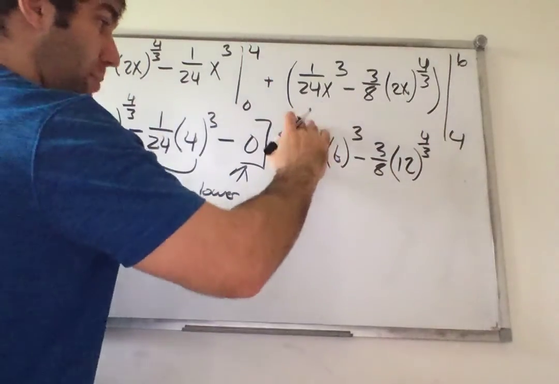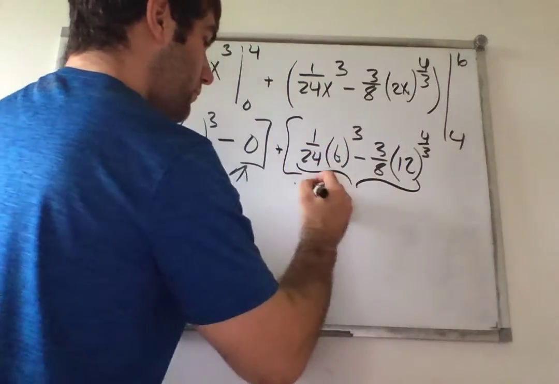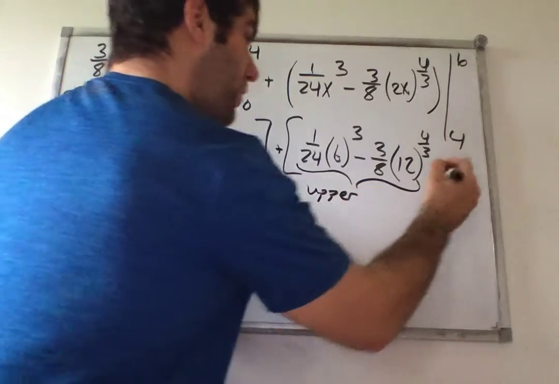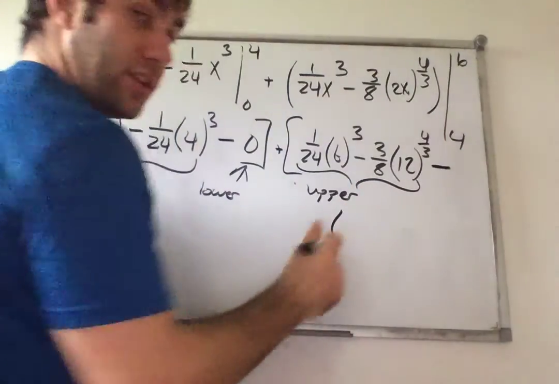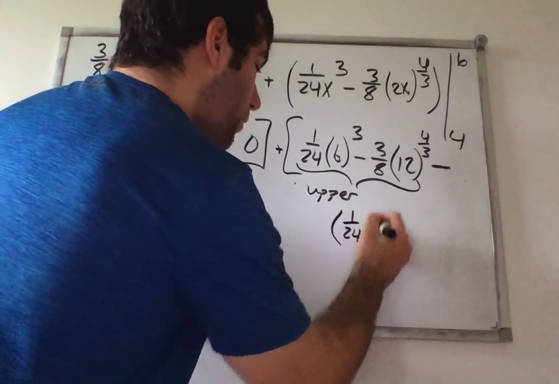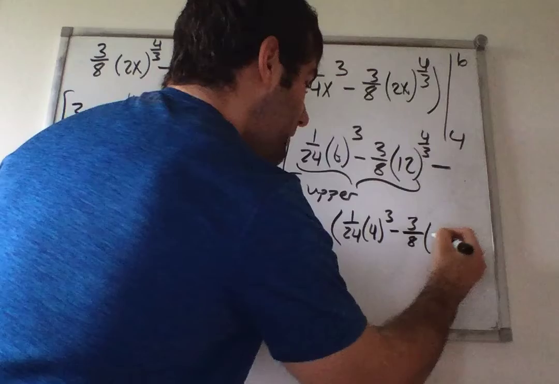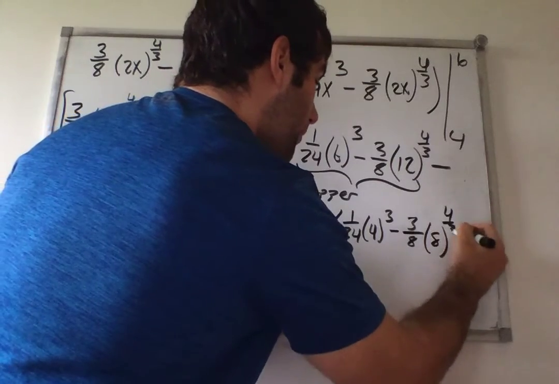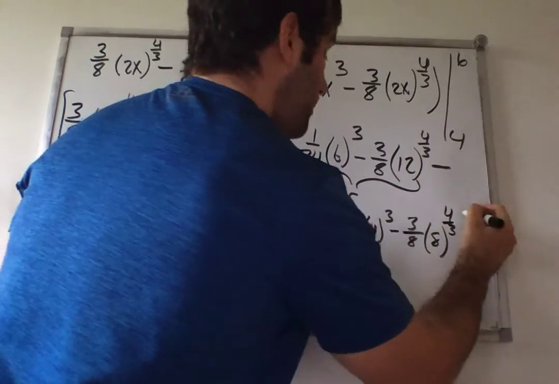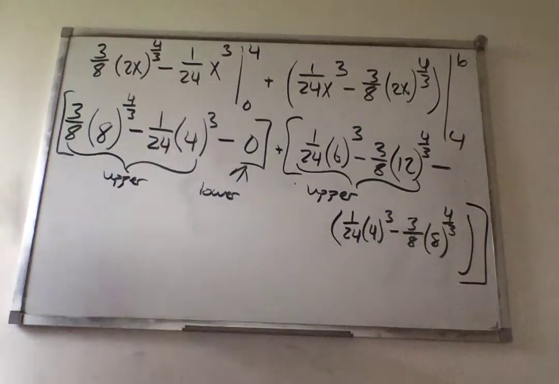So here's the upper bound evaluation. Upper minus, now here's the lower bound evaluation. I've got to plug in 4. 1/24 times 4 cubed minus 3/8 times 8 to the 4/3 power. So close parenthesis and close bracket.